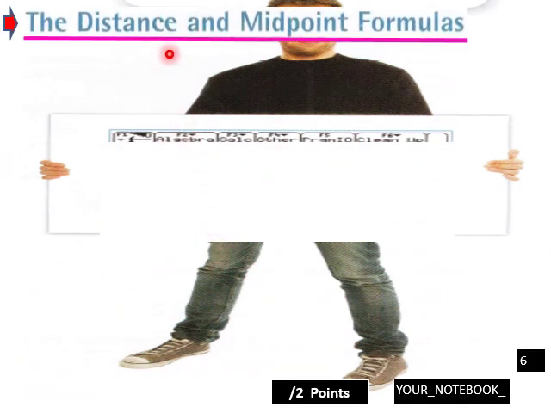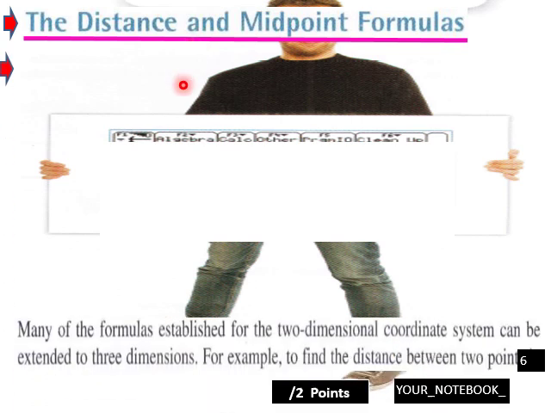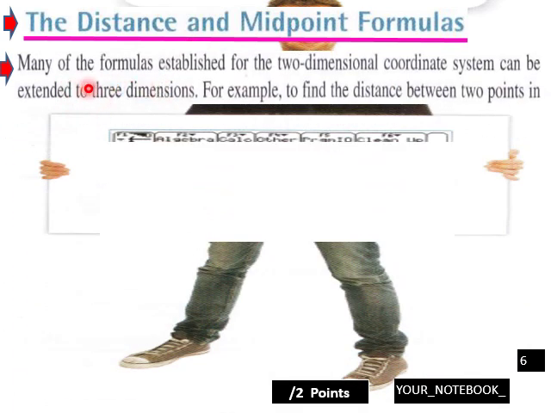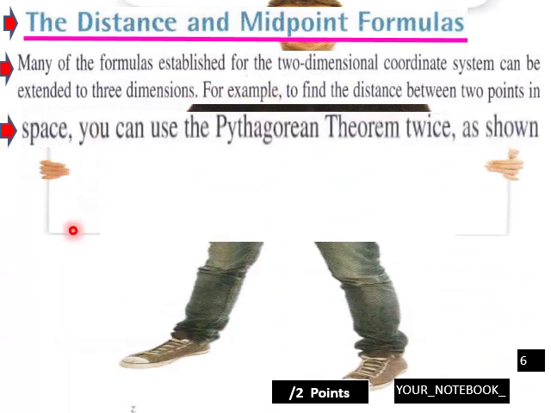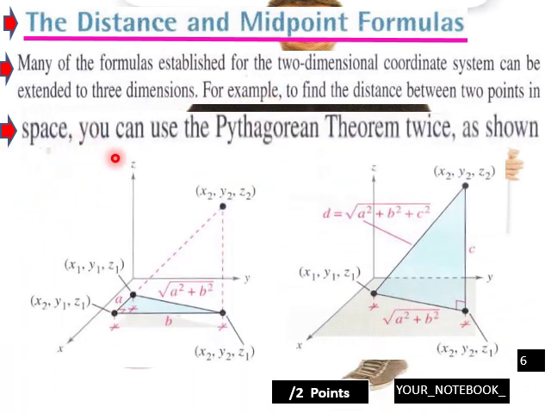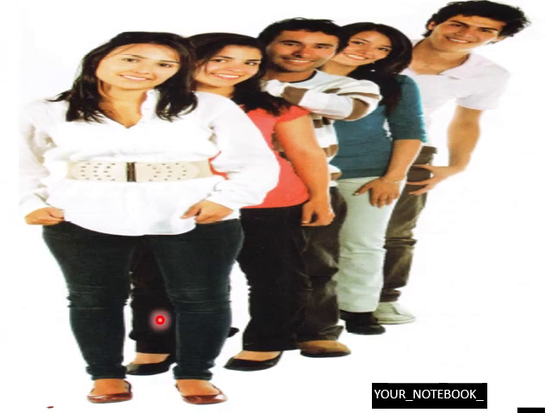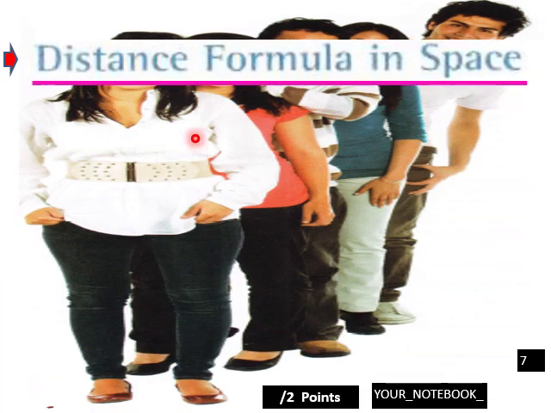So the distance and midpoint formulas, okay, what's that? Many of the formulas established for the two-dimensional coordinate system can be extended to 3 dimensions. For example, to find the distance between 2 points in space, you can use the Pythagorean theorem twice as shown. So we can use Pythagorean theorems on finding distance, like between those 2 triangles.